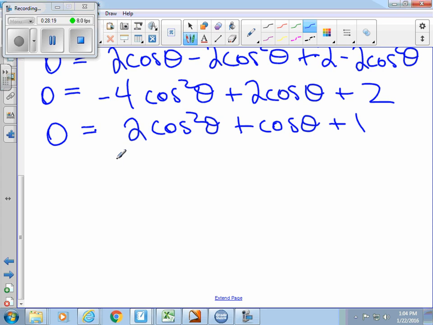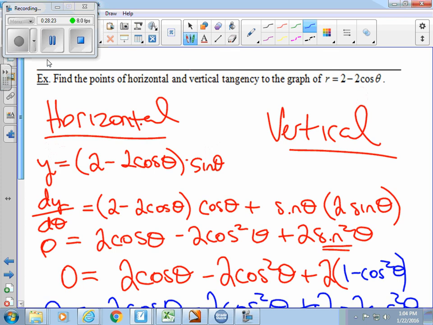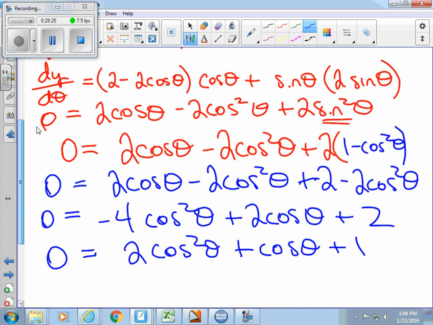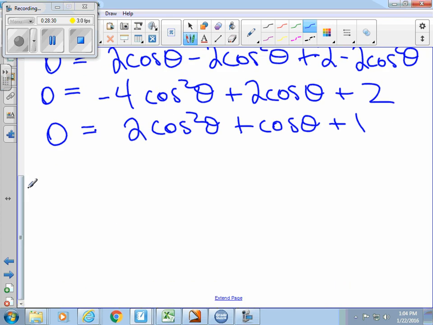Find the intersections. Really quick, let me read the question again. Find the points. Look up there at the top, you see it? Axes on. Yes, you would write this as cosine of theta, parentheses, squared.